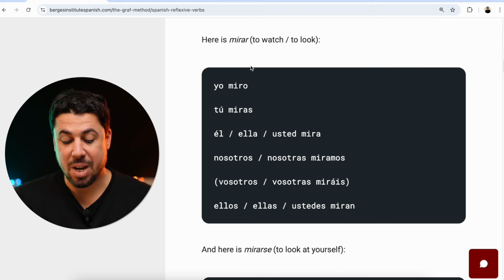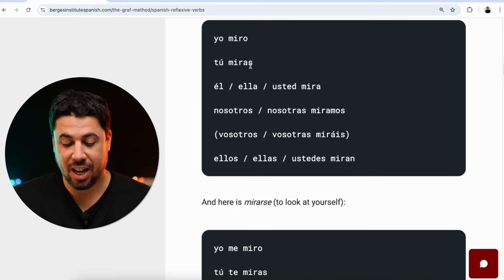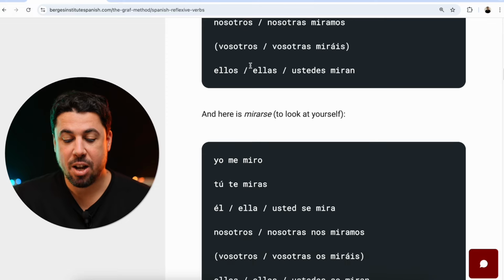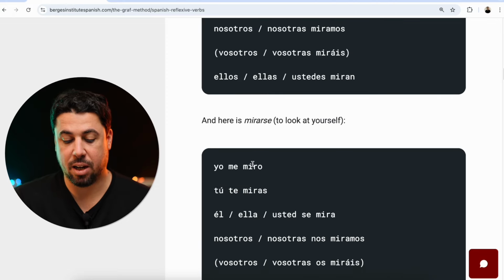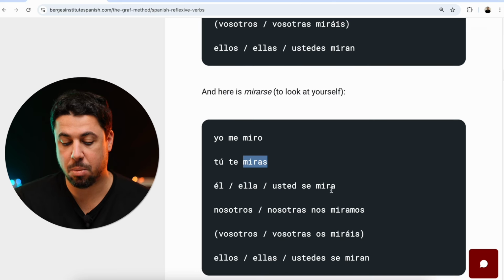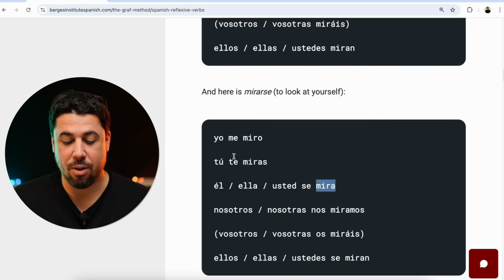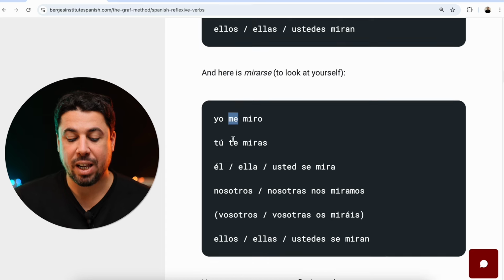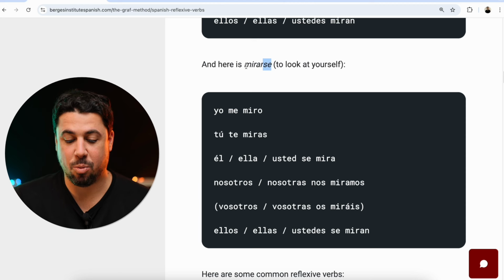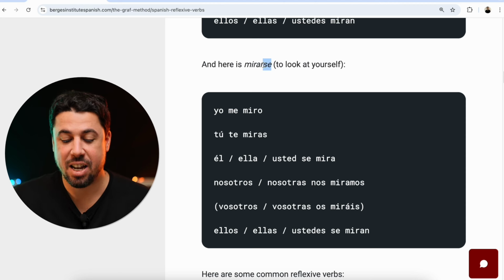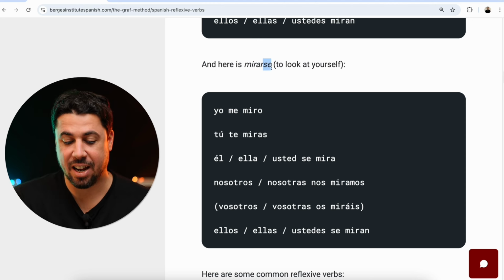So to conjugate mirarse, which is to look at yourself, and it's a different verb, we'll just use the same conjugation. So miro, miras, mira. Here we have them. Miro, miras, mira. However, right before the verb, we'll add the reflexive pronoun. So to conjugate mirarse, first we forget about the se.